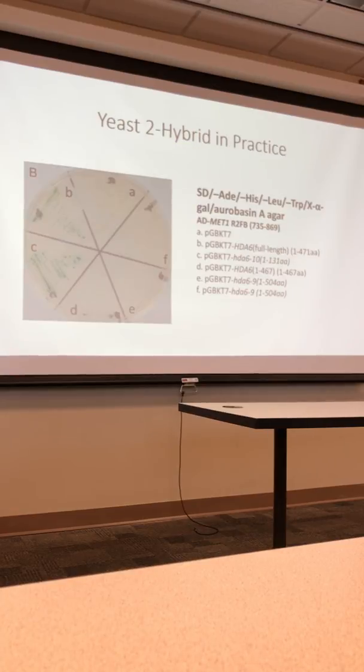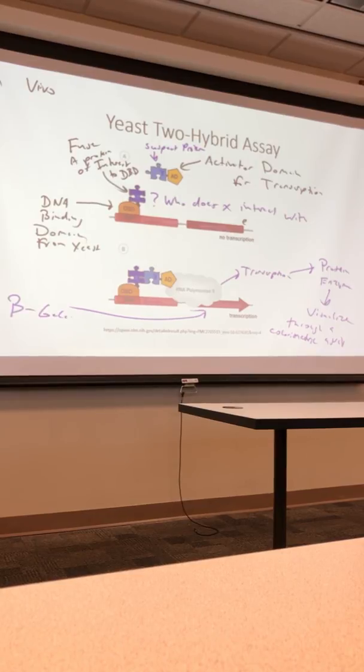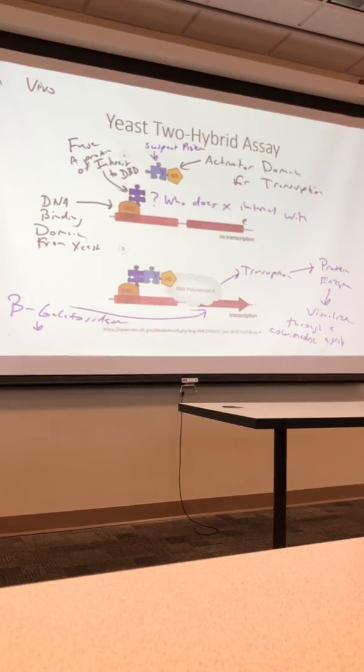And I'll show you some examples. So here is a yeast 2 hybrid in practice. The gene down here is usually beta-galactosidase, our reporter gene. It will take a substrate called X-gal, and convert it into a blue dye.